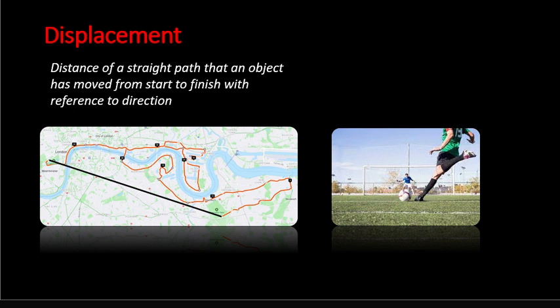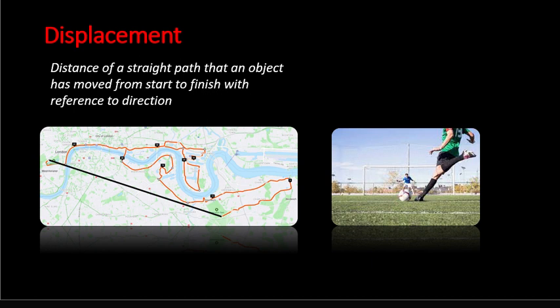Keeping with the London Marathon, the distance of the entire event is 26.2 miles, but the actual displacement for a straight line from start to finish is only 10.2 miles, as shown by the black line, which would be the displacement value.